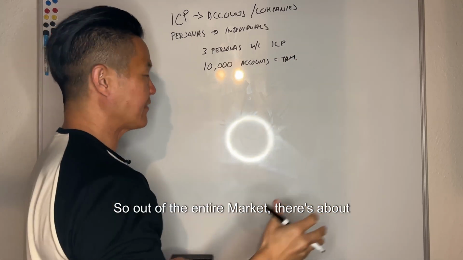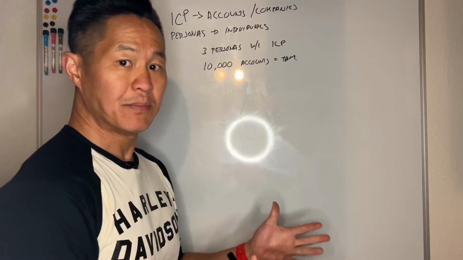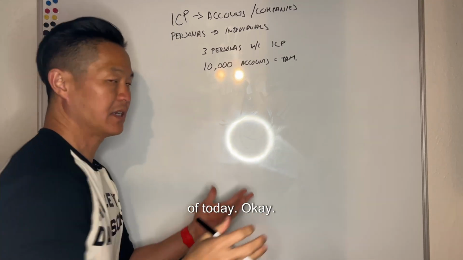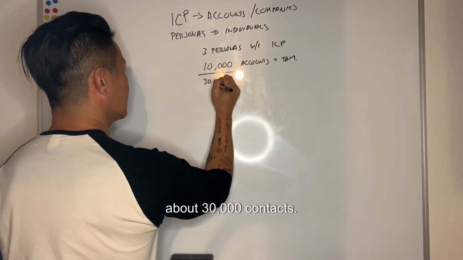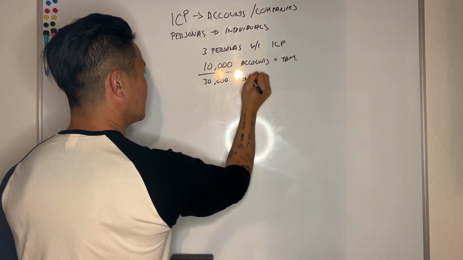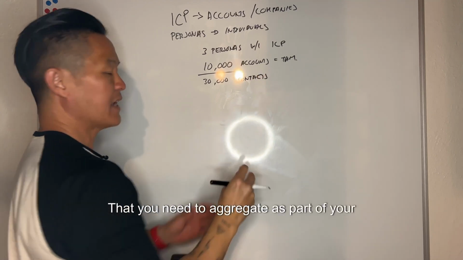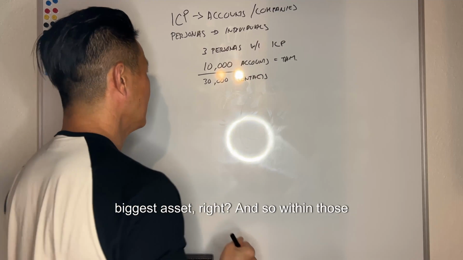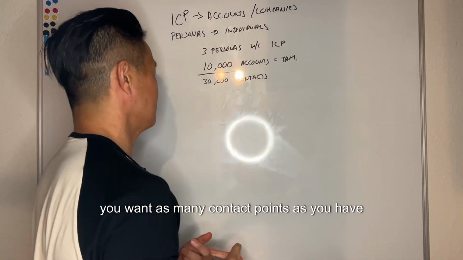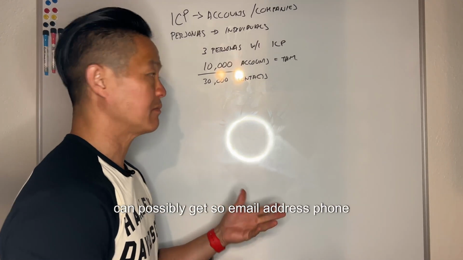So out of the entire market, there's about 10,000 companies that would make a good fit as a customer as of today. Okay, let's just say that. So in total, you have about 30,000 contacts that you need to aggregate as part of your database. And your database is going to be your biggest asset, right? And so within those, you want as many contact points as you can possibly get.